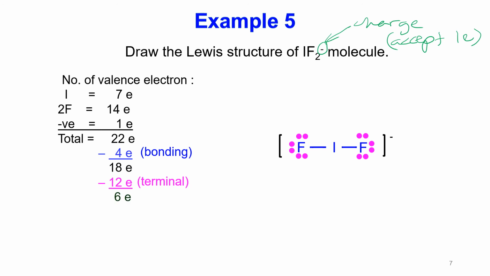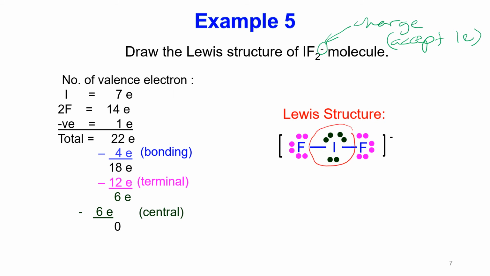So now the balance is 6 electrons, and we put the 6 at the center. Now we can see that the center has 10 electrons, but this is stable. Why is it stable? You will learn about this further in the next chapter.